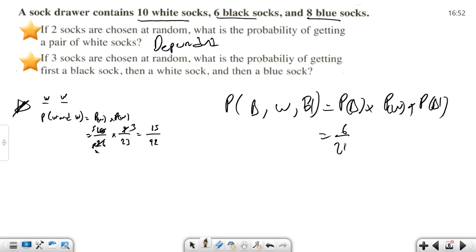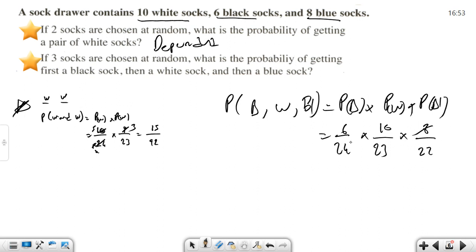6 over 24. Multiply, now white, I didn't change the white, so I have 10 white over 23, because I took one black away and now the total changes. Now I took another one, so the number of blue is 8 over, now not 23, 22, because now I took 2 of them away.